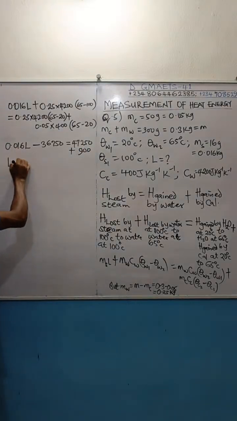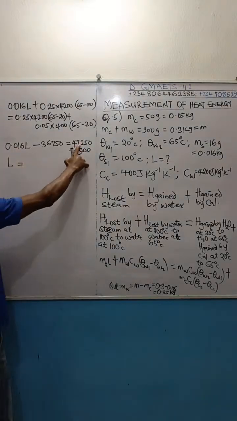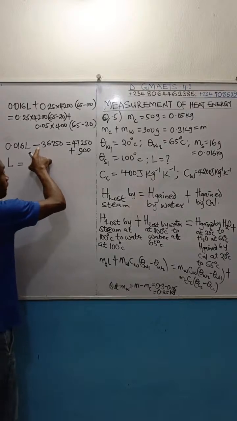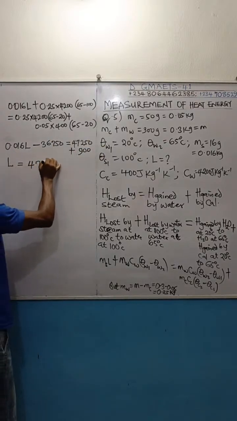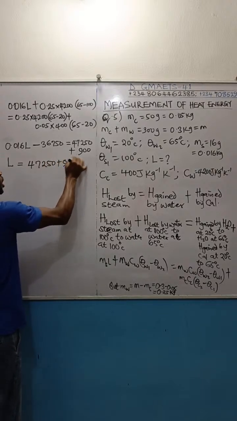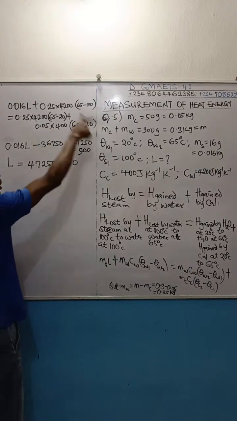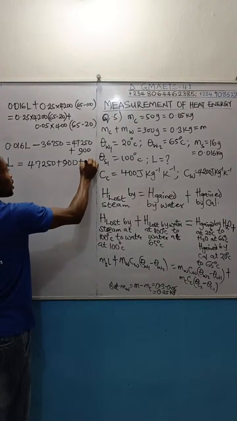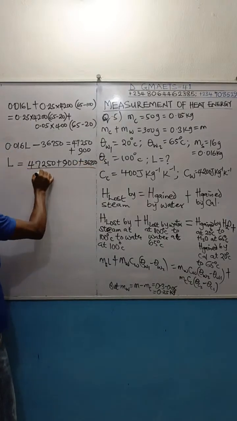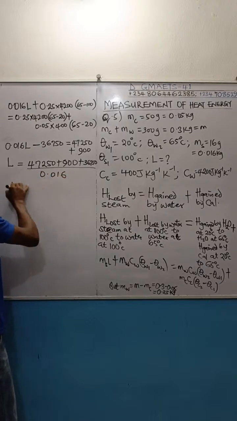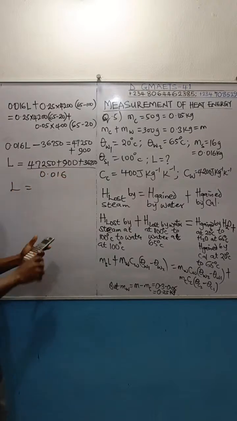Automatically, the latent heat of vaporization of steam is this plus this divided by this: 47,250 plus 900. This 36,750 we cross over, it becomes plus 36,750. We are dividing all of this by the coefficient of the latent heat, which is 0.016.